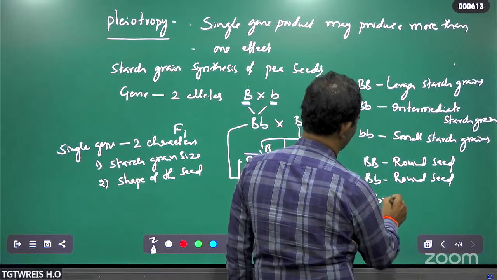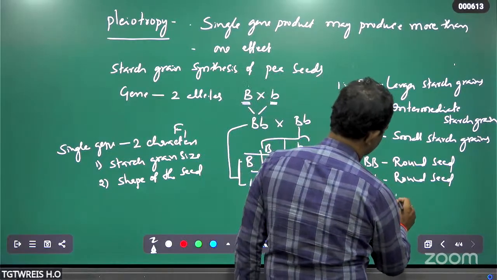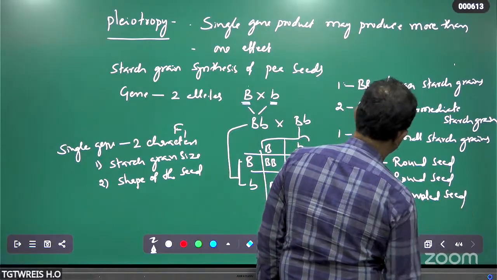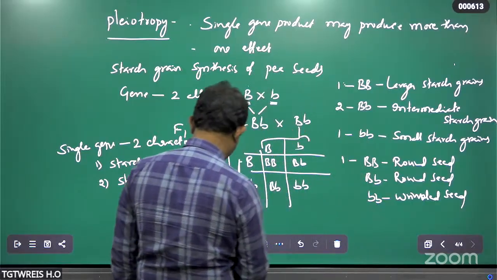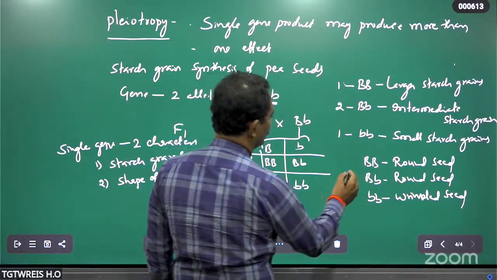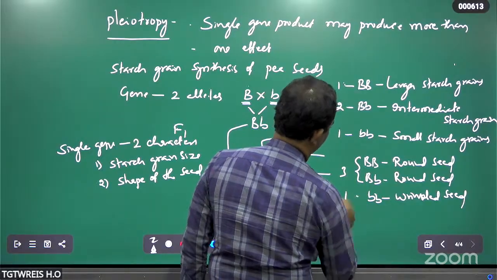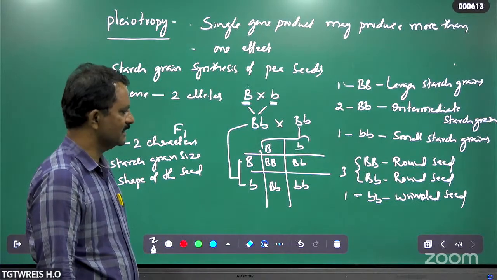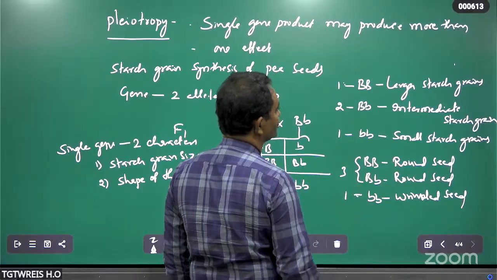And small b, small b has small starch grains, and the seed shape is wrinkled. The phenotypic ratio is 3:1. Round seeds are 3 and wrinkled seeds are 1.